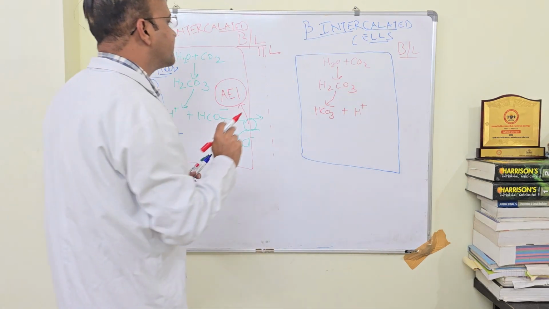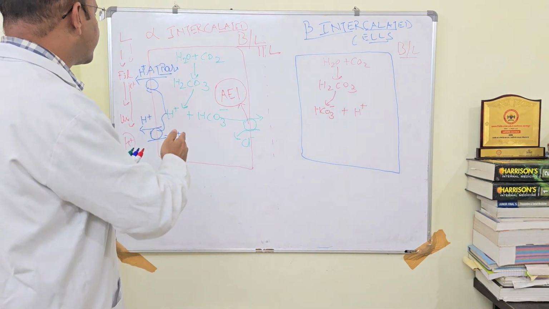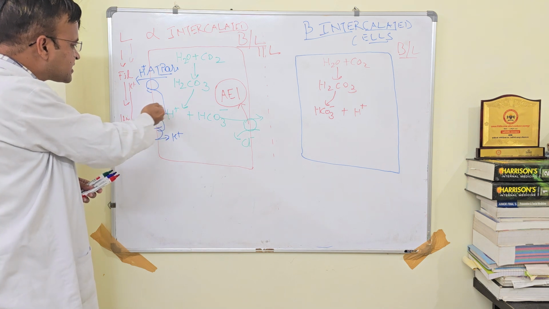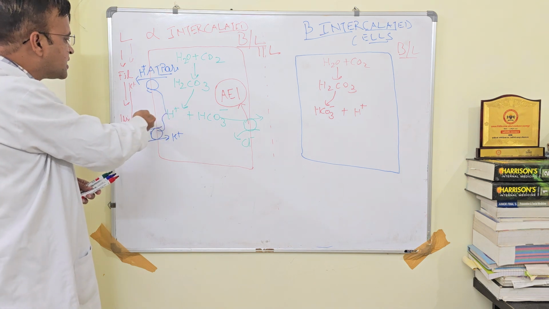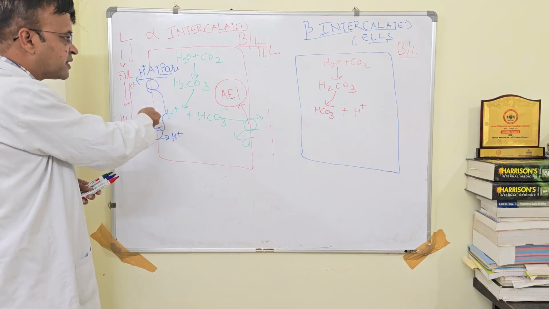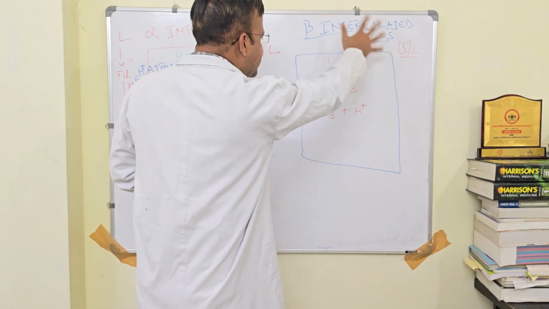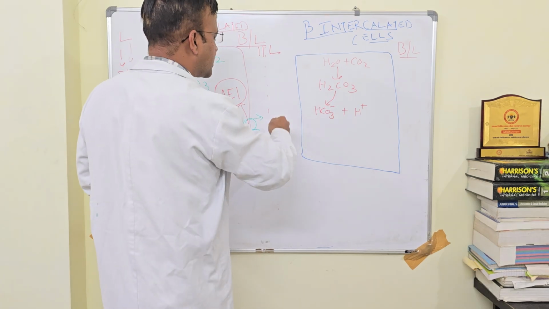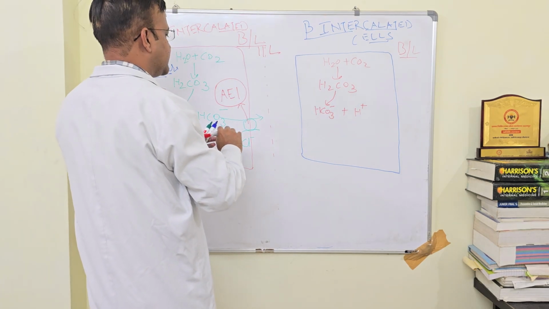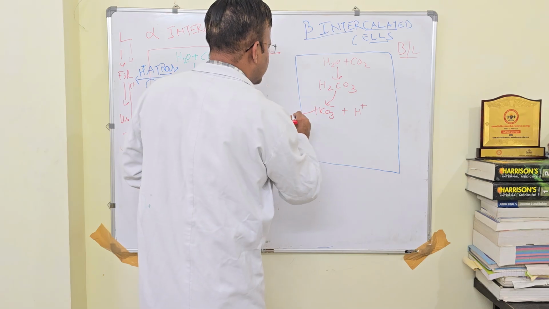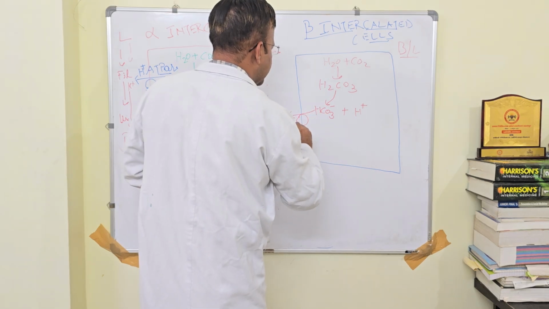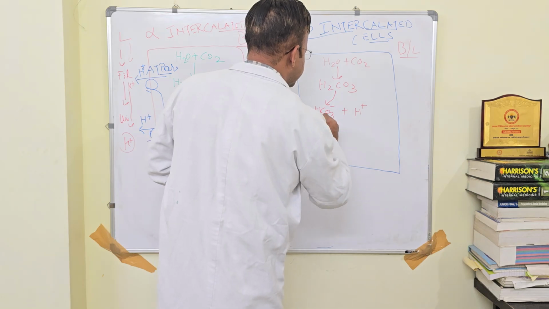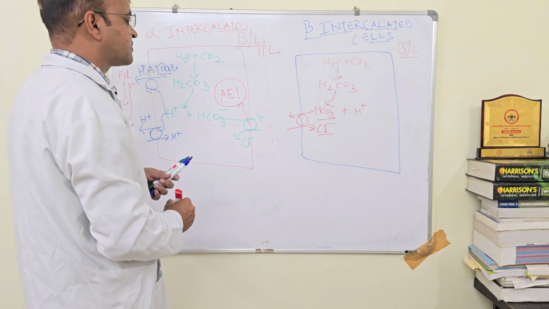Now here lies the main difference. The alpha intercalated cell was secreting H plus ion towards the luminal side, the side of urine, the filtrate. The beta intercalated cell actually secretes the bicarbonate ion towards the luminal side, in exchange for the chlorine ion, right?